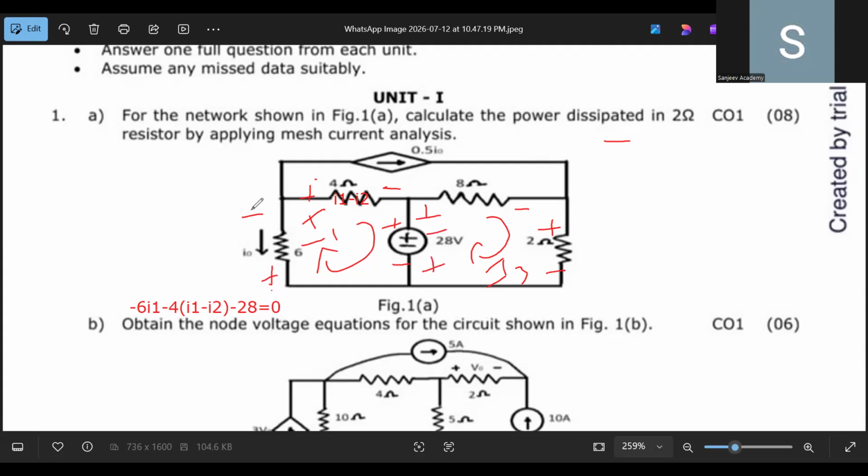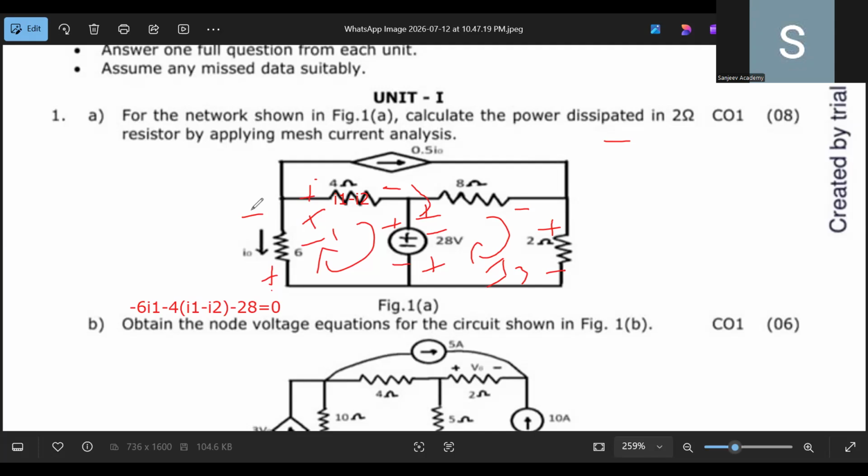Put that thing. But we know that I2 is also coming. So what is this current? One more current, I2, is also coming here, but already I3 is there.